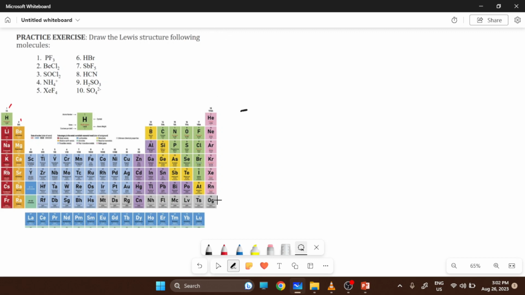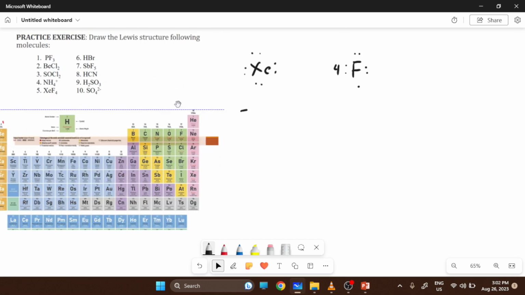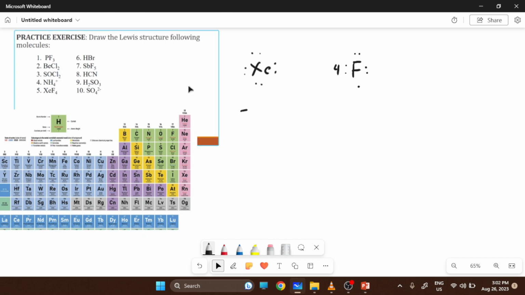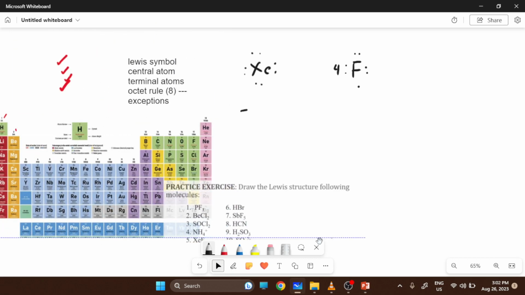Of course, xenon is in group 8, so its Lewis dot count is 8. And then fluorine is in group 7, so it has 7 Lewis dots. Xenon is the central atom bonded to the fluorines in our structure.